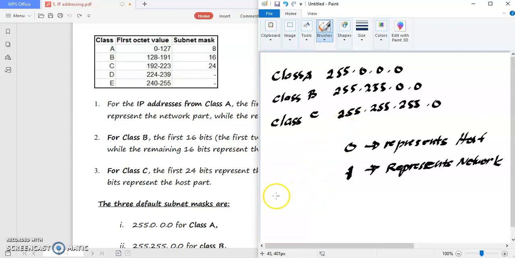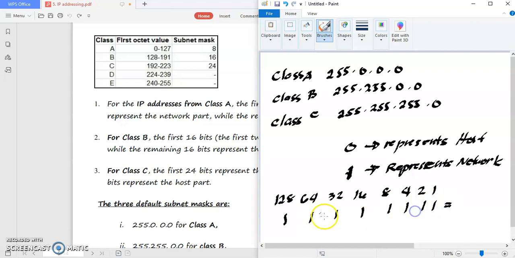If I write it again: 128, 64, 32, 16, 8, 4, 2, 1. If you use your calculator and add 128 plus 64 plus 32 plus 16, 8, 4, 2, 1, it will result in 255. That's why I said that 1 represents the network.